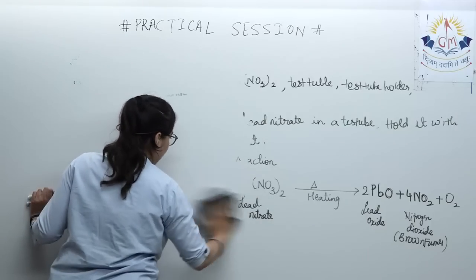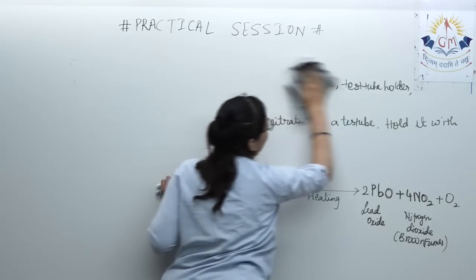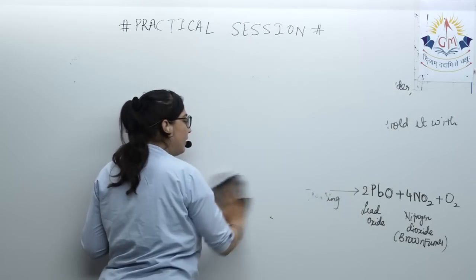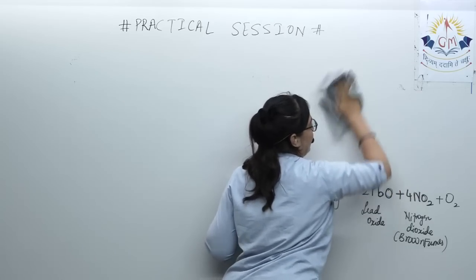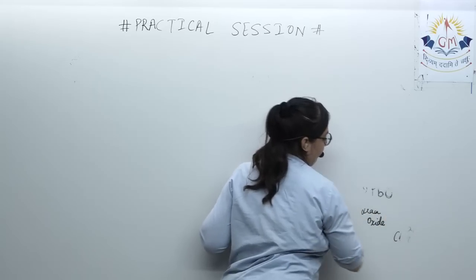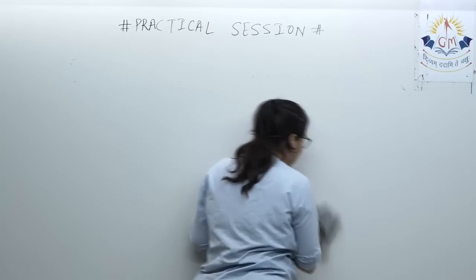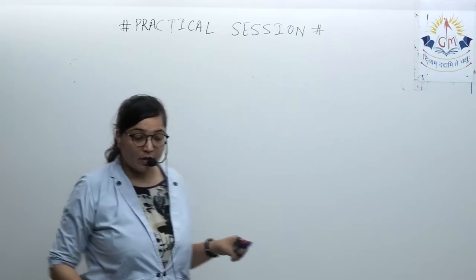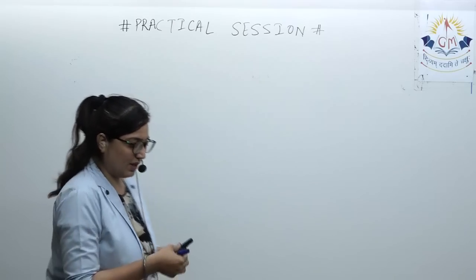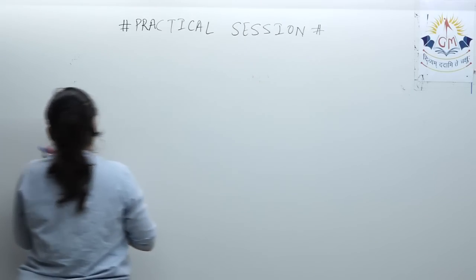Write the observation and conclusion on your own. Whatever thing you observed, please note it down. I hope you observed the brown colored fumes. So this is what you have to write.